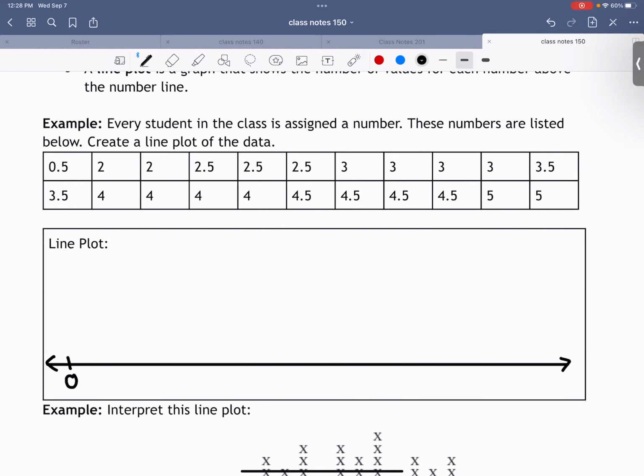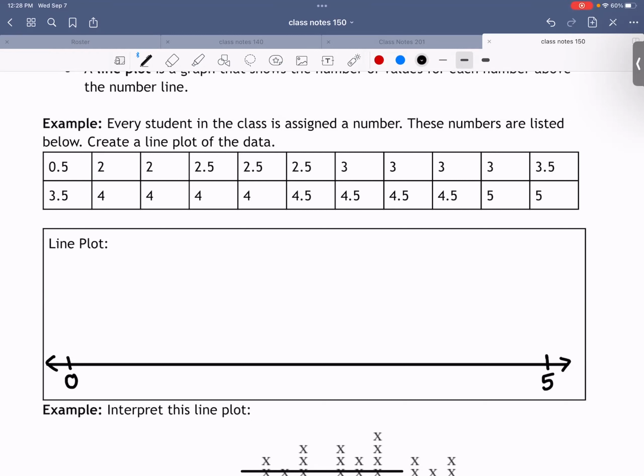Where should we end our number line? 5, right? 5 seems to be our biggest number, so let's end it at 5. Okay. Now, what should the spacing be? What should each tick mark in my number line be? Like 0.5 maybe, right? Since we got 0.5, 2.5, maybe we should include some 0.5s.